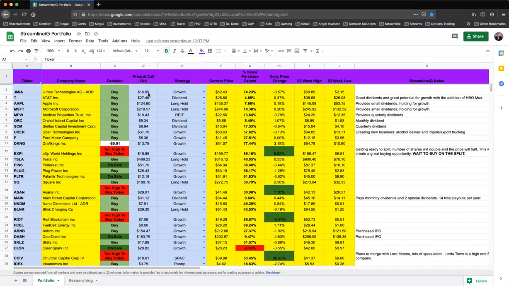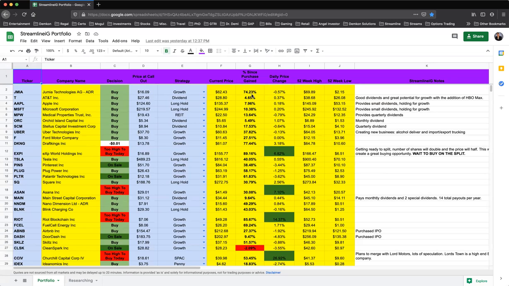Let's say we bought 10 shares at $16.09. If I sold those 10 right now, my profit would be the difference between $62.43 and $16.09, times 10. And at that rate, it is 74% profit.